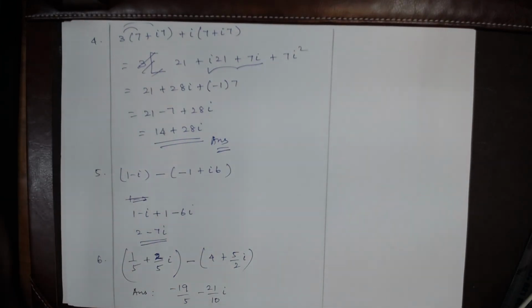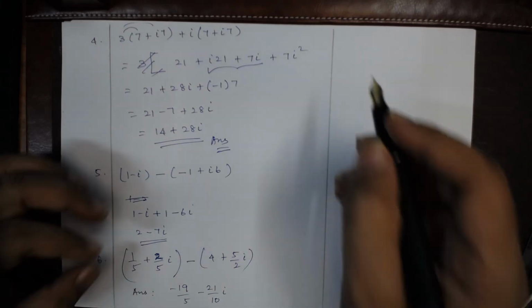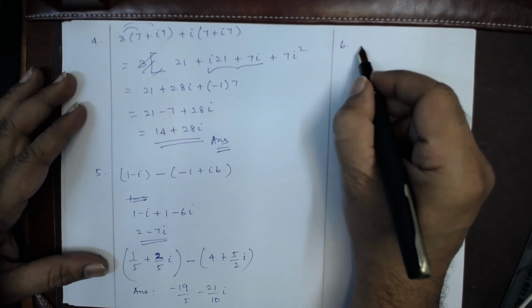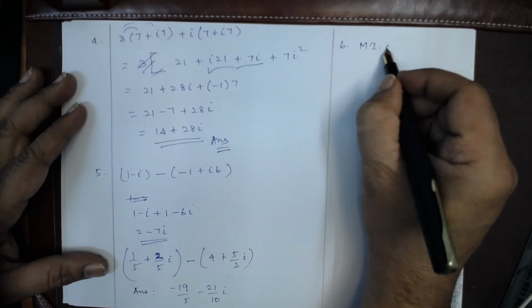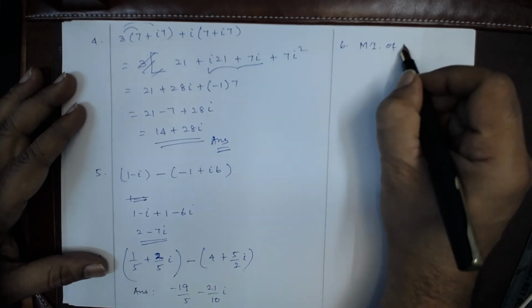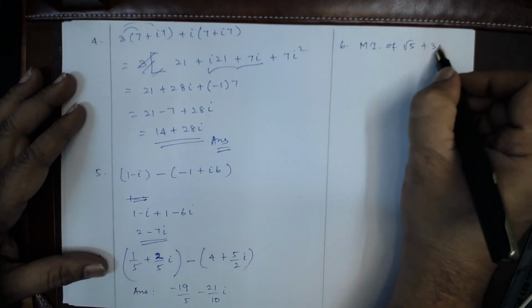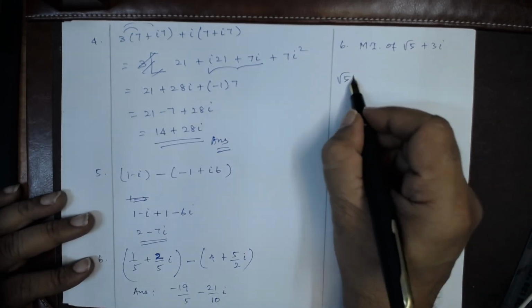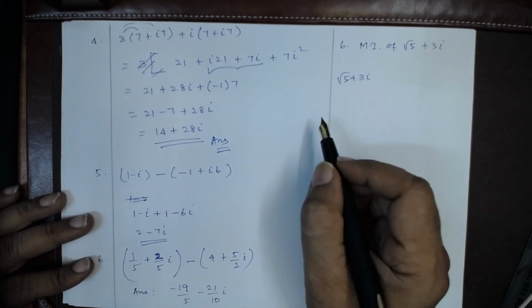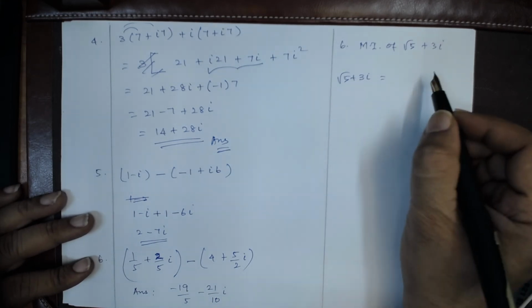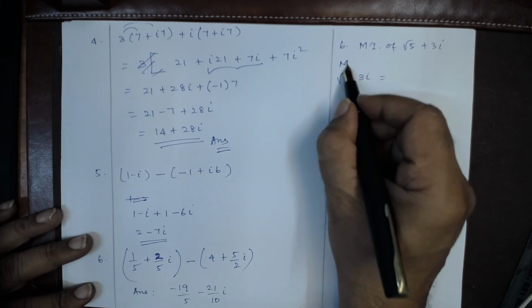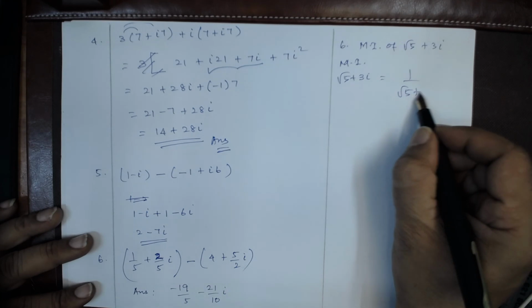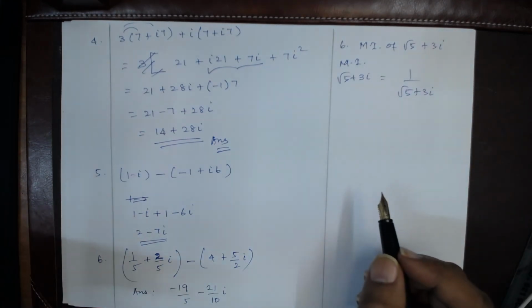Find the multiplicative inverse of root 5 plus 3i. Now, root 5 plus 3i. Let us have the multiplicative inverse of this one is 1 by root 5 plus 3i, is it not?